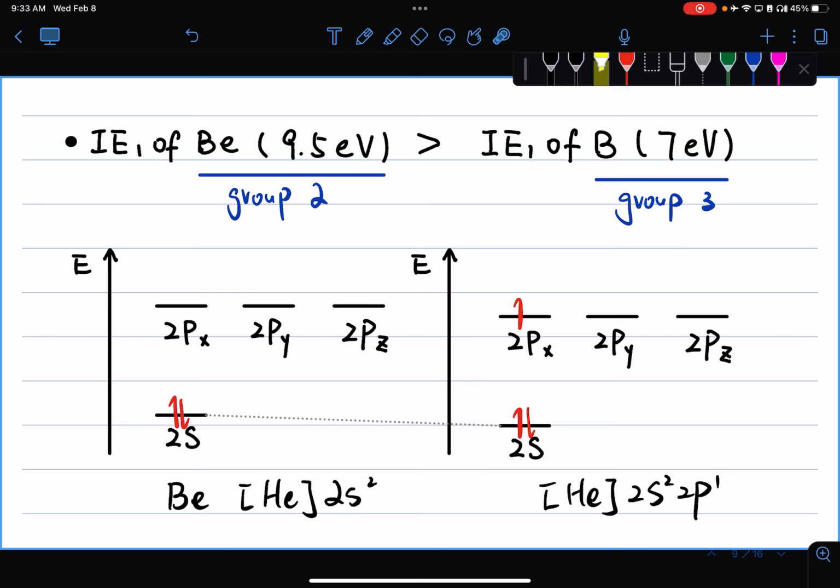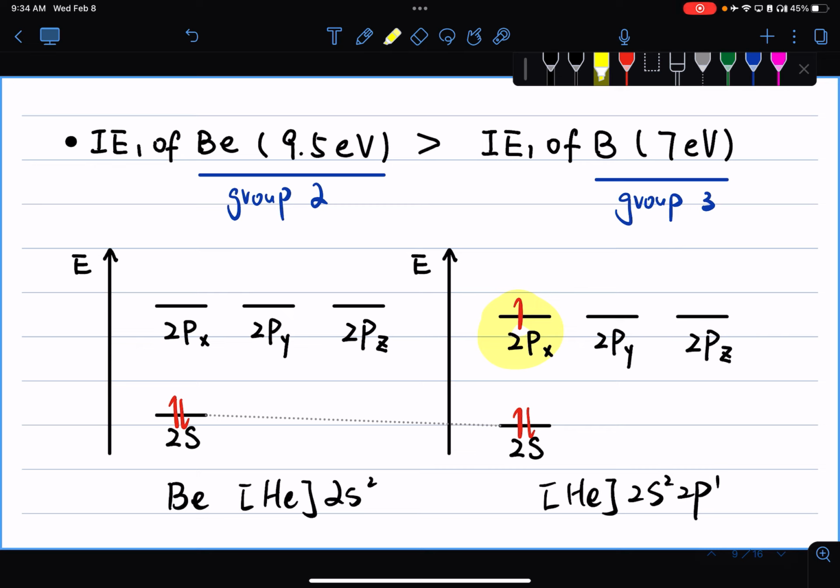And we discussed how the shielding effect breaks degeneracy between the s and p atomic orbitals, and why p atomic orbitals are always higher in energy compared to the s atomic orbitals. So because the 2p electron is the outermost electron for boron, the ionization energy for boron is much smaller compared to that for beryllium.